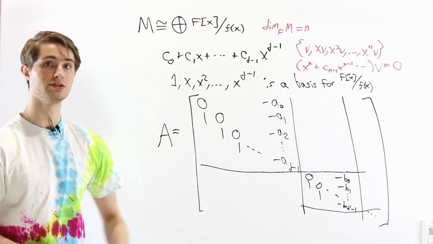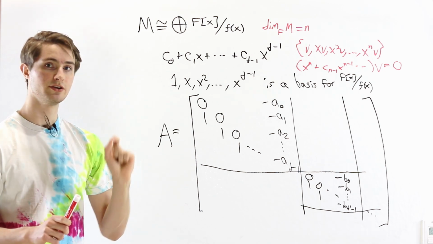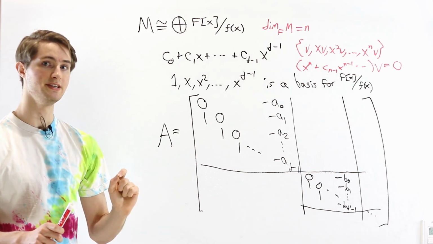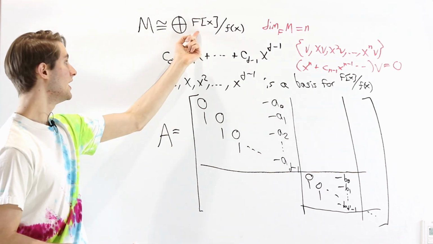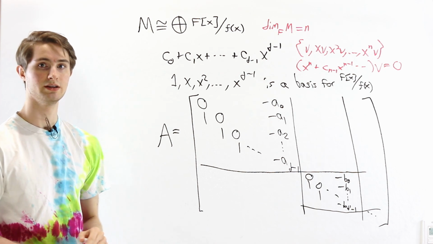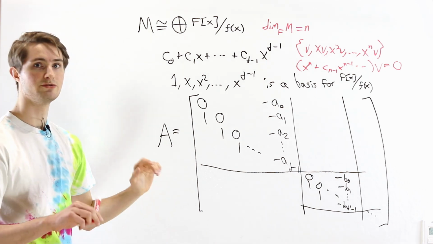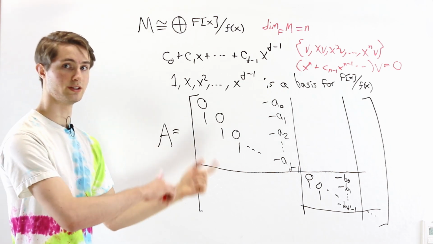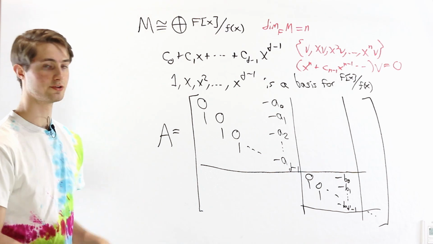And we showed in a previous video, link in the description, that every finitely generated torsion module over a PID is isomorphic to a direct sum of cyclic modules. F[x] is a PID, it's actually a Euclidean domain, and therefore every finite dimensional vector space with a matrix is isomorphic to a direct sum of cyclic modules.